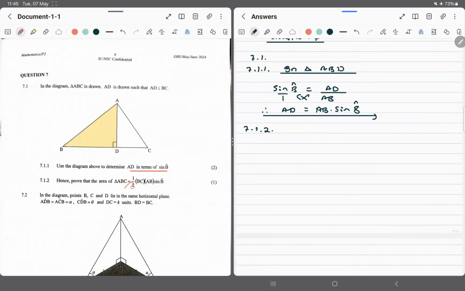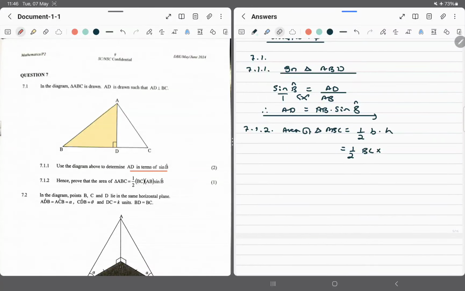7.1.2, it says, hence prove that the area of ABC. See, this is proving the area rule. We know that area of triangle ABC is going to be half base times height. Half the base is BC, and then the height is AB.